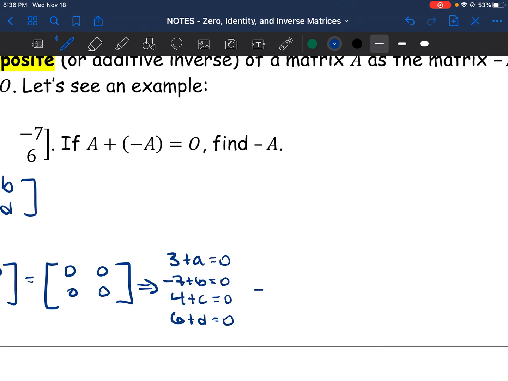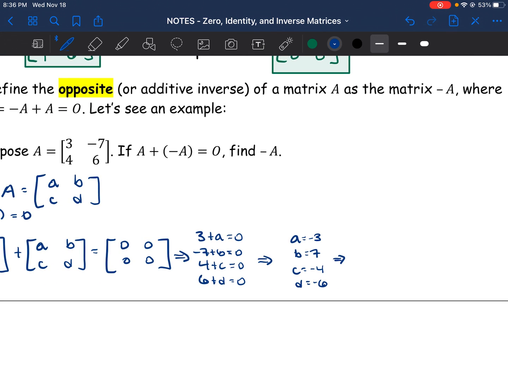And solving each of these very simple equations, we get that a equals -3, b equals 7, c equals -4, and d equals -6. So that means -A, the opposite of A, will equal -3, 7, -4, -6.